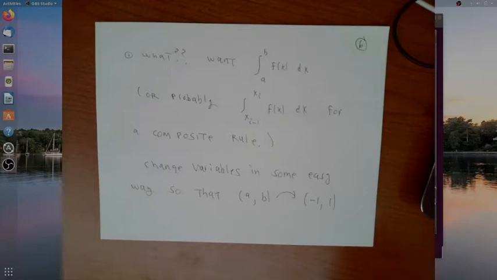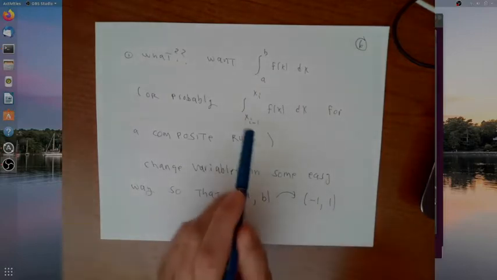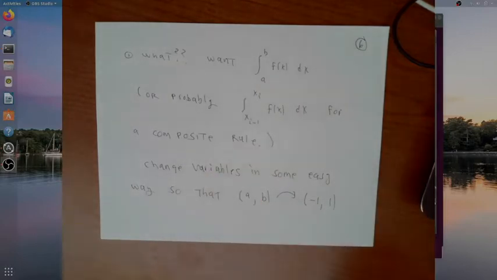Now, of course, later on, it's likely that the a and the b are actually going to be x i minus 1 to x i, and we would be doing some sort of composite rule, just as we did composite midpoint and composite Simpson. I need to change variables. I don't want to do my integral in terms of x, but rather in terms of some other variable.